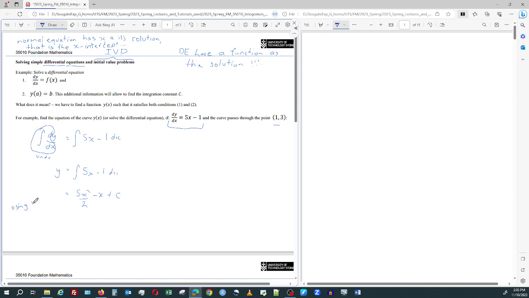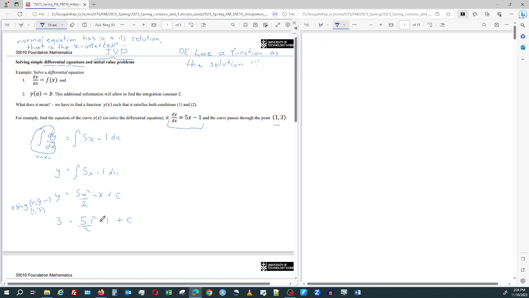Substituting (1, 3) into y equals, so 3 will be equal to 5 times 1 squared over 2, minus 1, plus c.